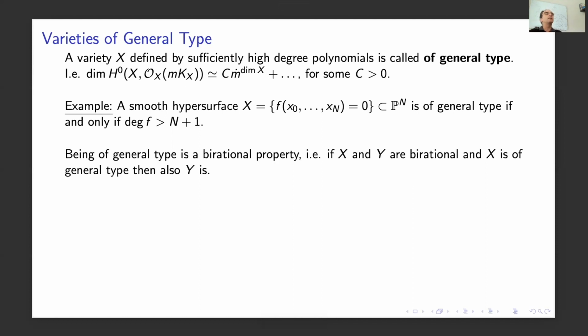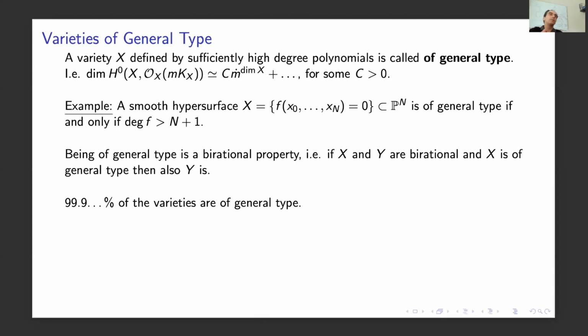So a nice property of being of general type is that, although I'm not able to prove it here, being of general type is a birational property. So in other words, if you have two varieties which are birational to each other, and one is of general type, then also the other one is. So we want to understand the picture for this particular case, for varieties of general type.